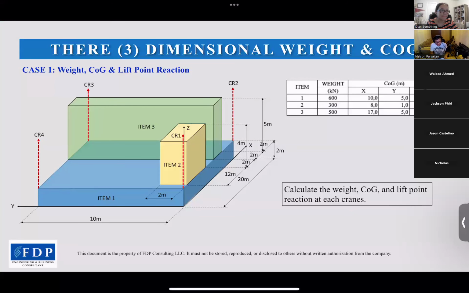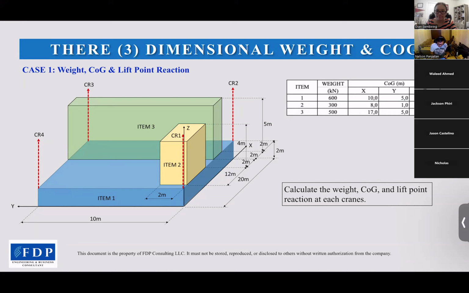Right now, we will discuss the three-dimensional weight and COG. Yesterday we talked about the two-dimensional and the single line weight and COG. Now we're talking about the three-dimensional weight and COG. For case one, we have three items: the blue, yellow, and the green item, as shown in the drawing.